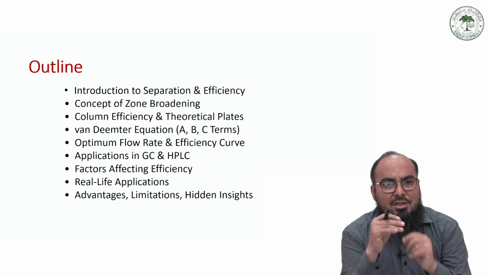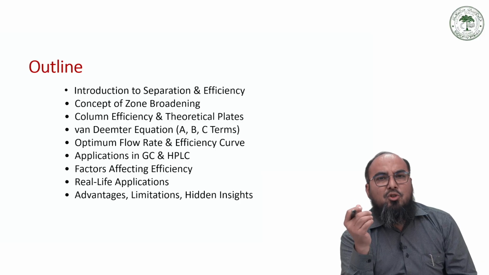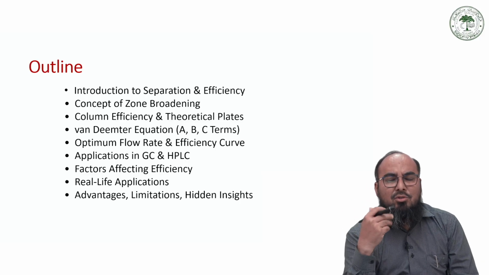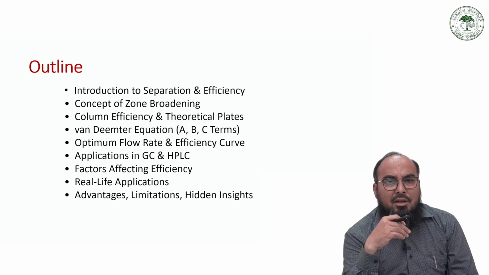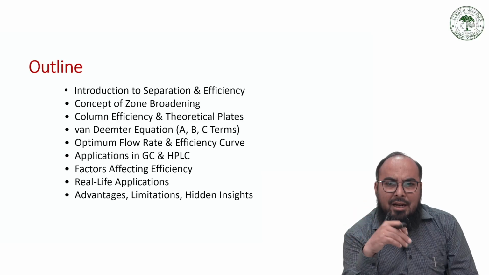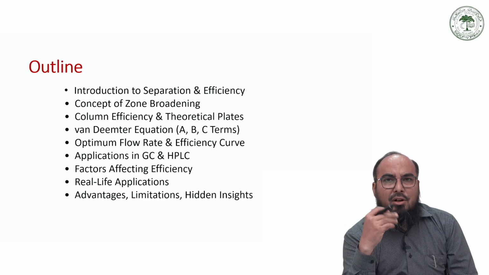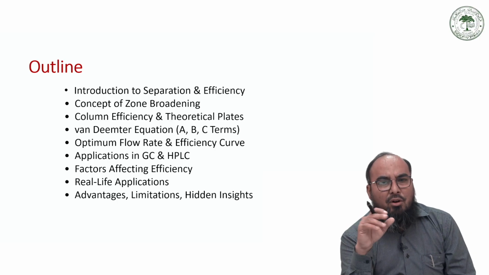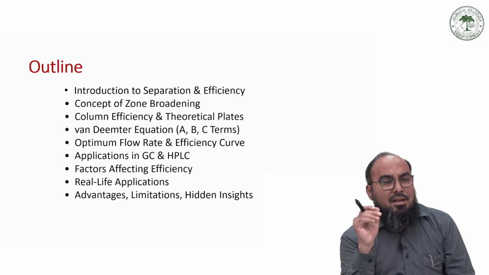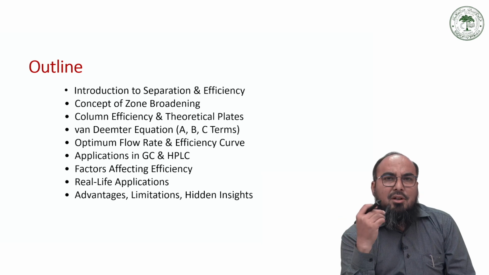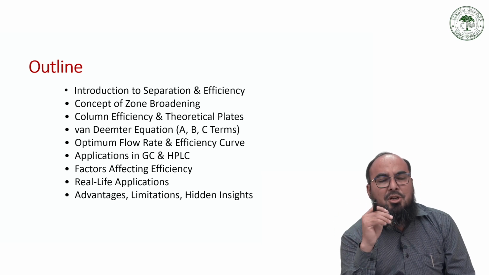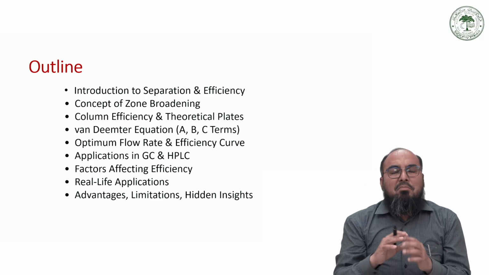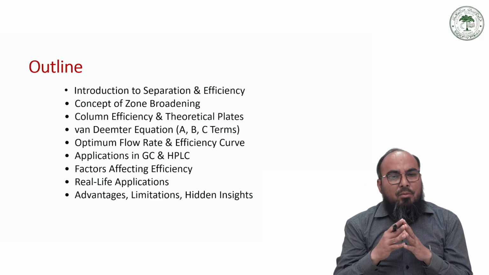Then we will move towards the optimum flow rate, that is, how we are going to optimize different conditions so that we can have better efficiency in the separation of an analyte, and that efficiency can also be defined in terms of a curve. After all this, we are going to study certain applications of the Van Deemter equation in separations using gas chromatography and high performance liquid chromatography.